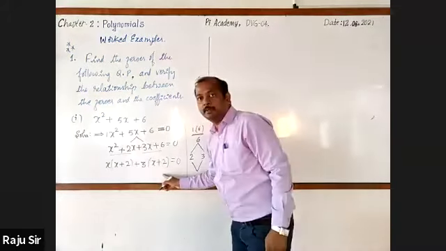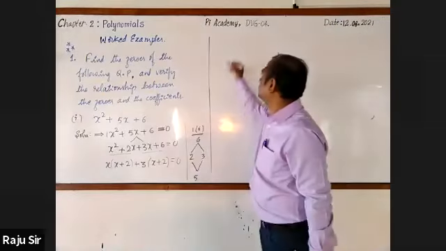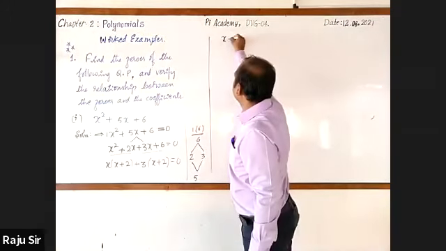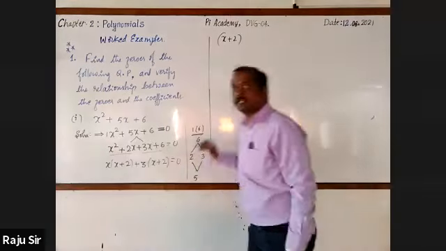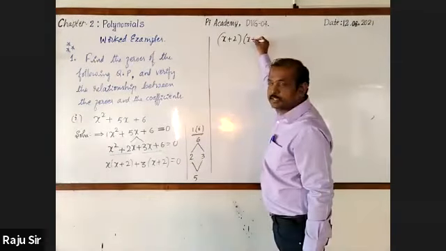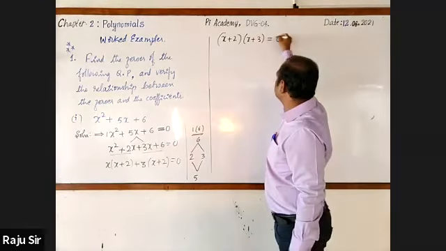In the whole statement, x plus 2 is the common factor. I'll write it: x plus 2 remaining x plus 3 is equal to 0.